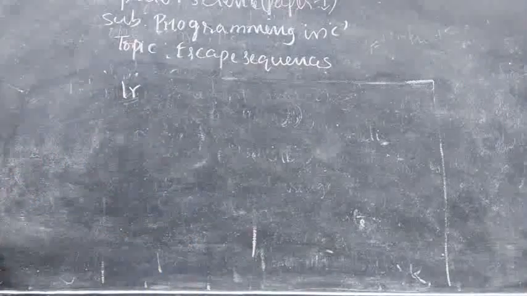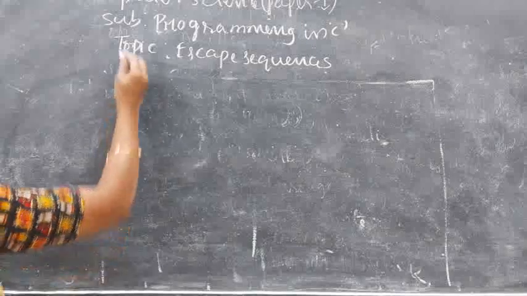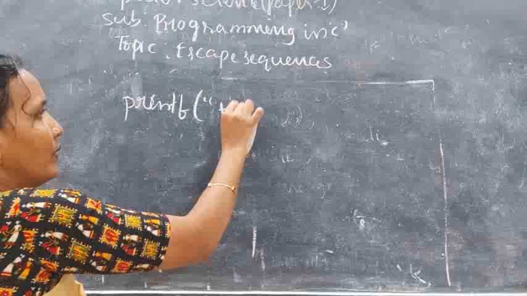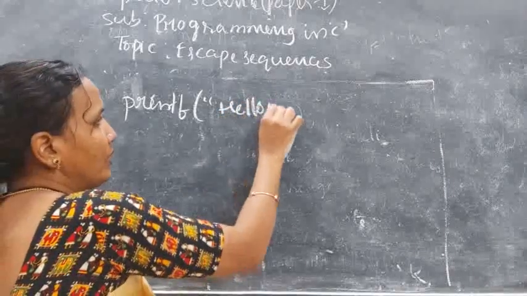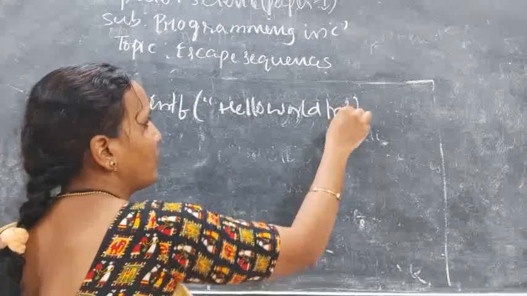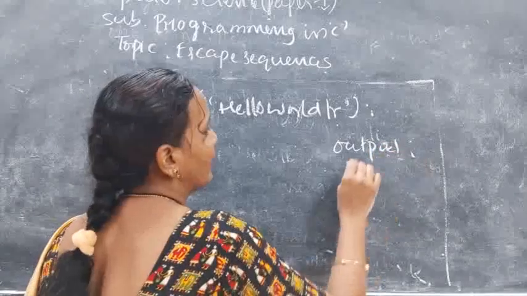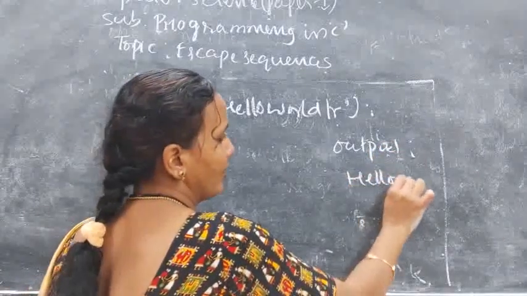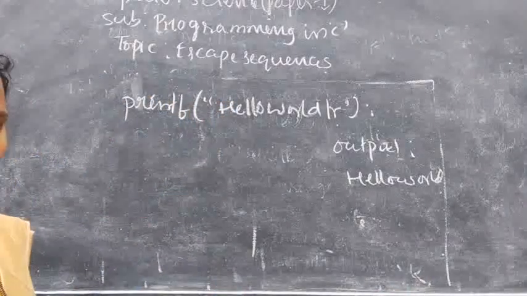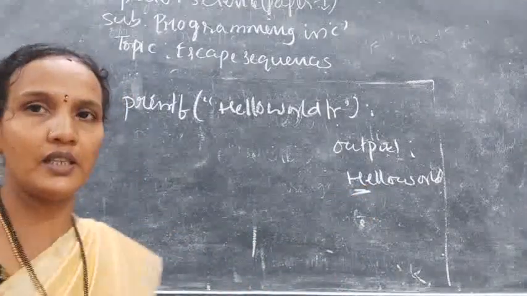So that is the use of this R. Again, you write an example: printf hello world, and I am giving backslash R. When you print this output, hello world, instead of the end, you will get the cursor position at H. That is the difference.